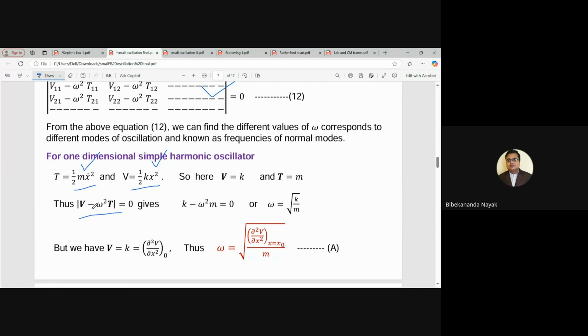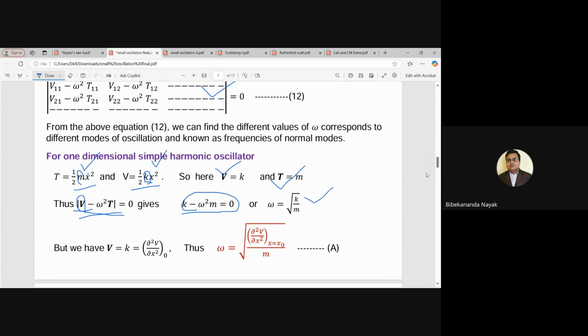In place of V, which is actually V_ij, that is the coefficient with half V_ij x_i x_j, that is k. For a one-dimensional problem V is equal to k, and similarly T is equal to m. So V minus omega square T equal to 0 means k minus omega square m is 0, and omega is equal to root of k by m.